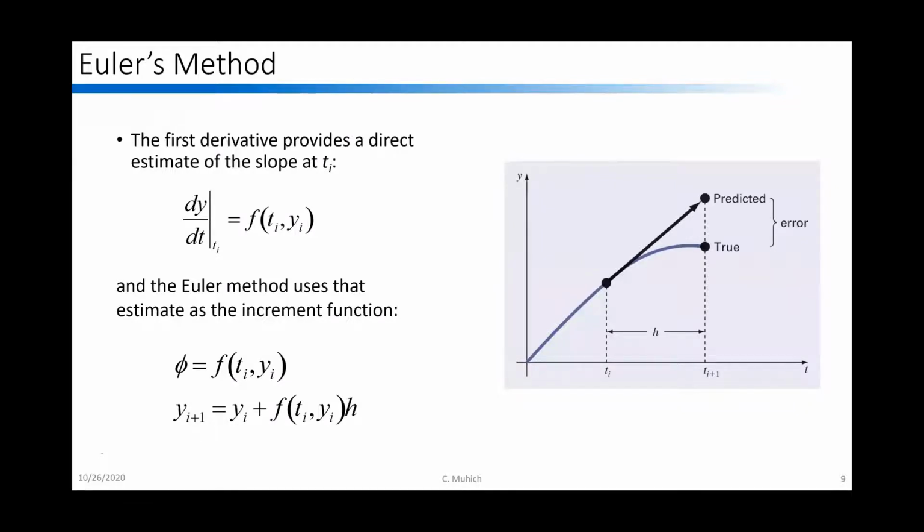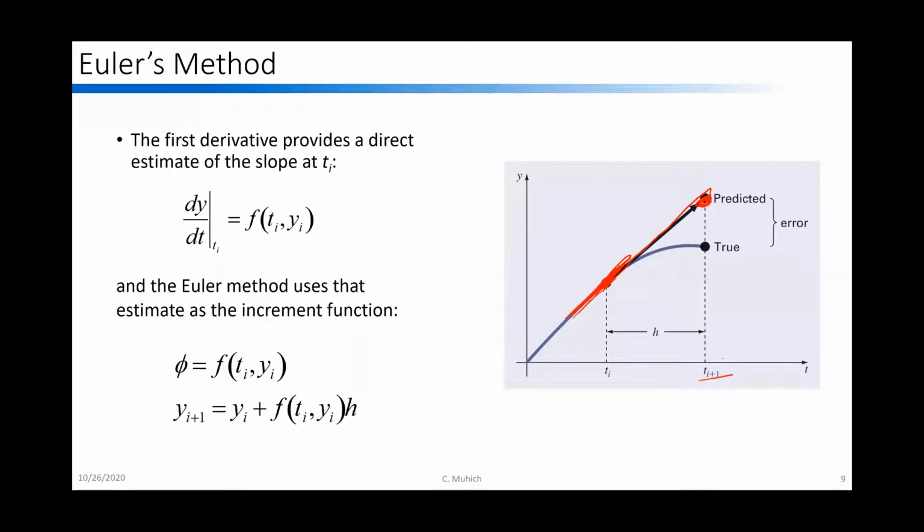Remember that dy/dt provides us information about the slope at a point at some t. So let's say I'm here on this chart and I'm at this point at t i. If I know what that derivative is, I know what that slope is, and I can project out what I'm going to be at some t i plus 1.